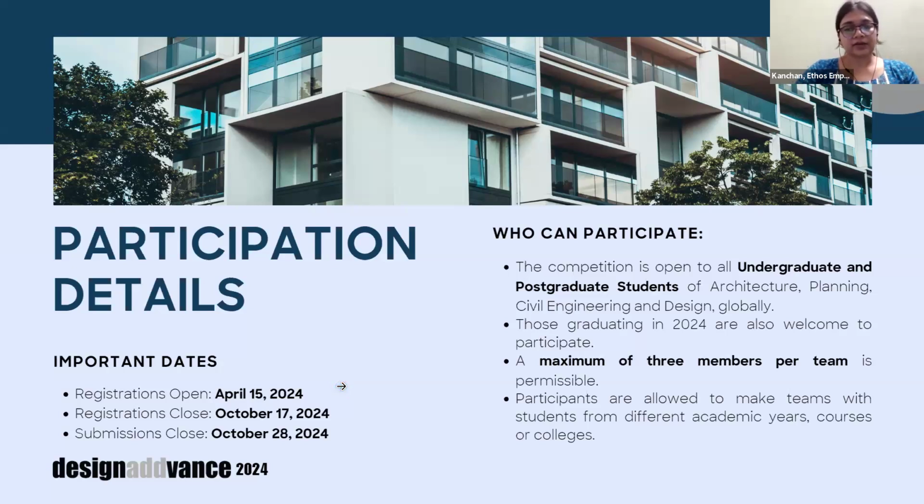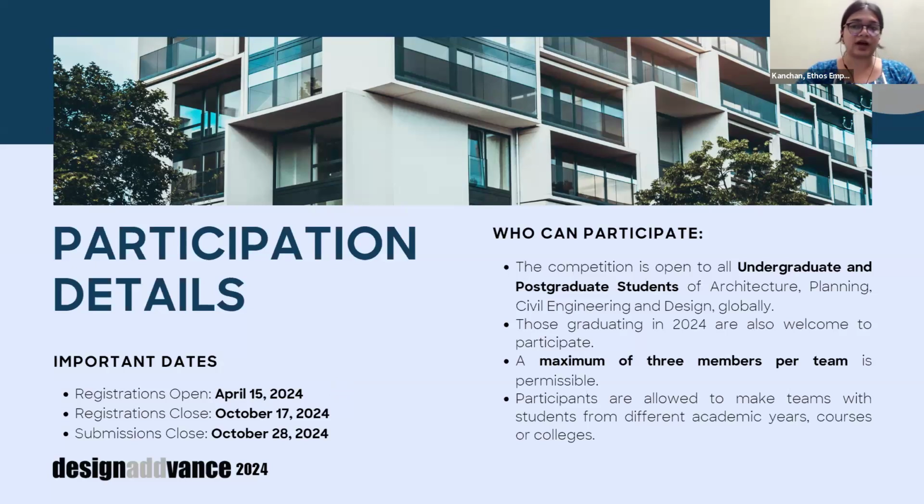Who can participate in the competition? All undergraduate and postgraduate students of architecture, planning, civil engineering, and design are eligible to participate. Those who are graduating in 2024 are also welcome. A maximum of 3 members per team is allowed, and you can also make teams with students from different academic years in your college, as well as different courses, or even different colleges.